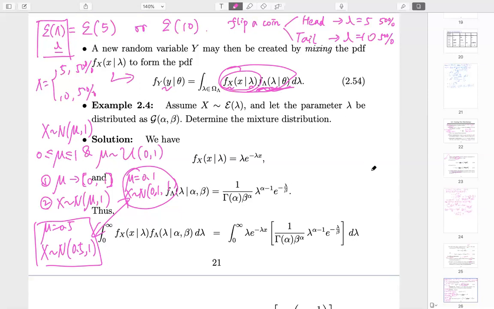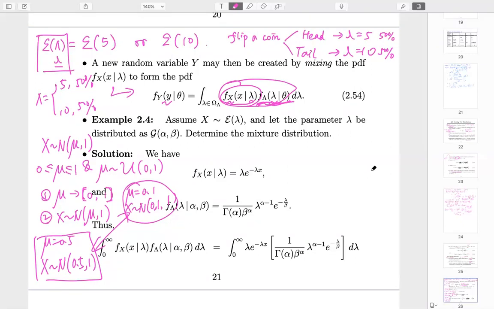Let's take a look at an example. Example always helps because I wouldn't be able to really tell you the definition of conditional expected value. So let's assume x is exponential. Let the parameter lambda be distributed as a gamma distribution. Determine this new distribution.